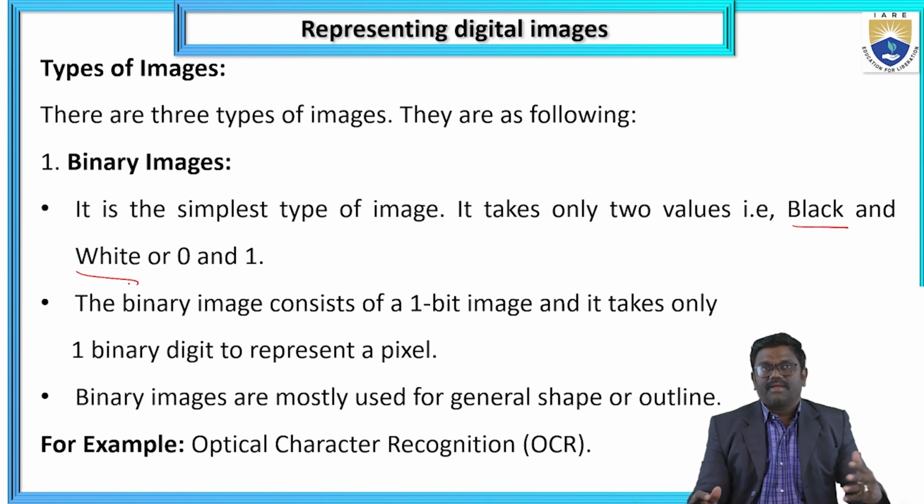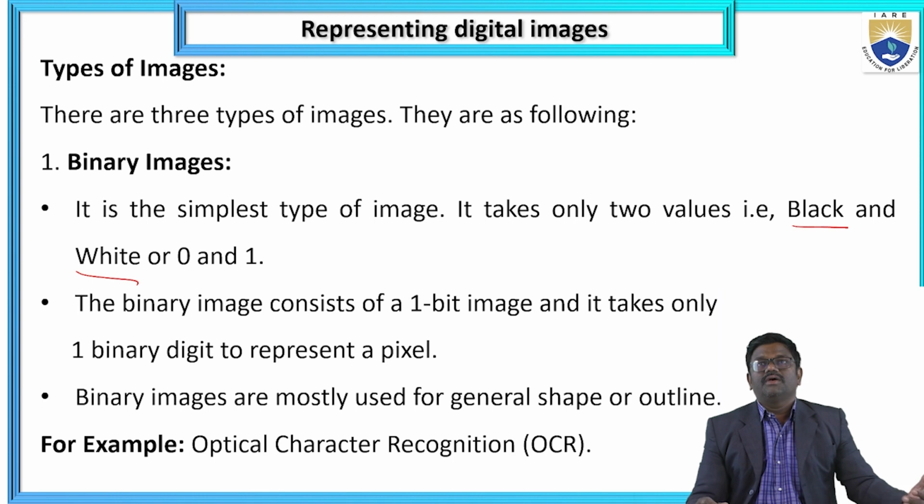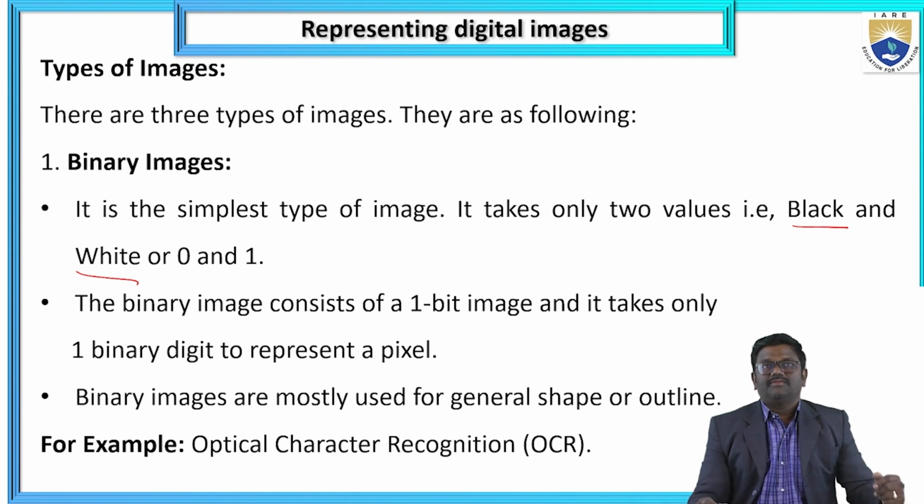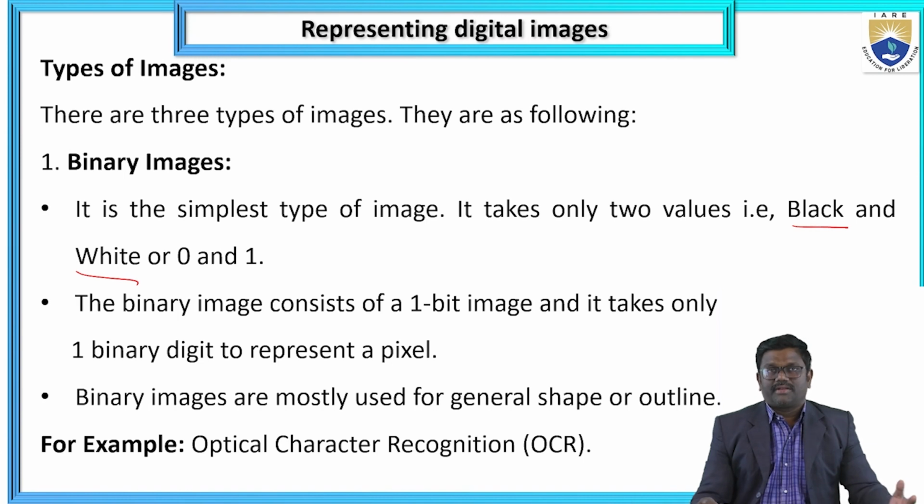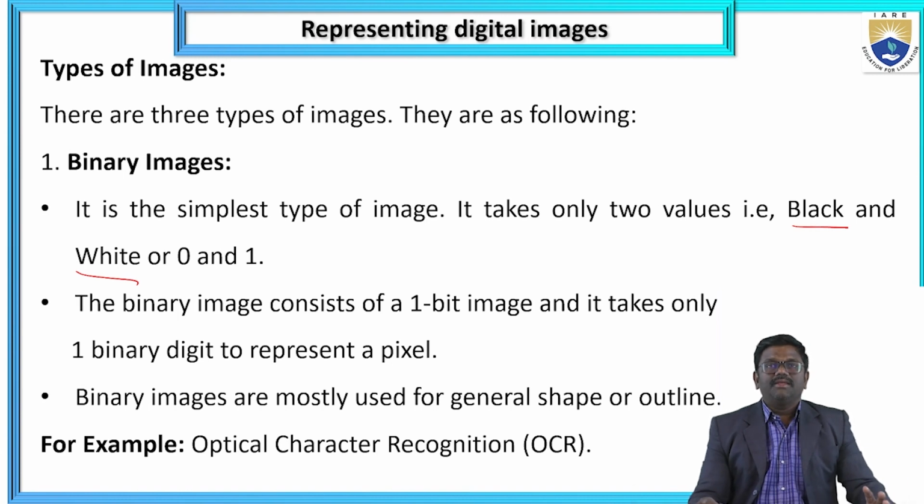For example, a gray level image which we consider black and white takes only two values: zero is black and one is white. So the binary image is a one-bit image; it takes only one binary digit to represent a pixel value. OCR, optical character recognition, is one example to understand how this binary image can be shaped.